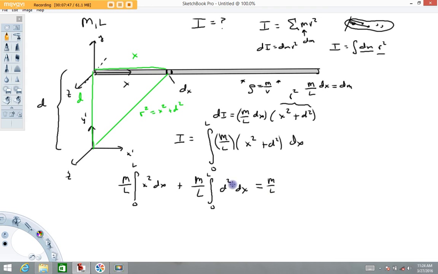All right, equals, back to this one. M over L, integral x squared dx is x to the third over 3. Evaluated from 0 to L is going to give me L to the third over 3.